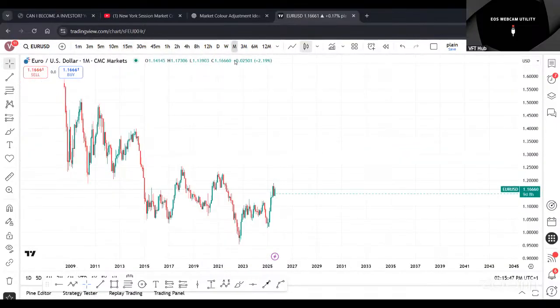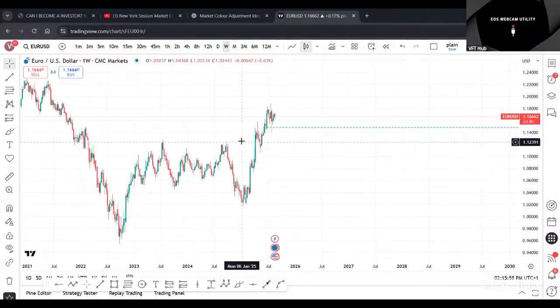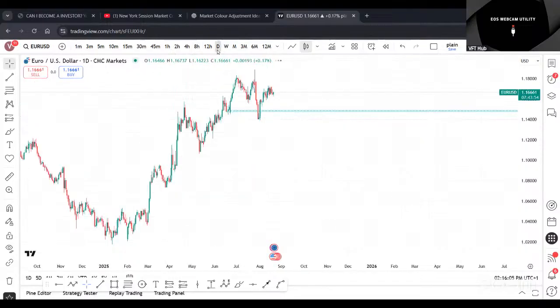So the monthly time frame for Euro USD, overall, we're still in a bearish direction. Coming down to the weekly time frame also, we've seen a clear of the high residing at 1.12272. Coming down to the daily time frame, we're seeing something way different.